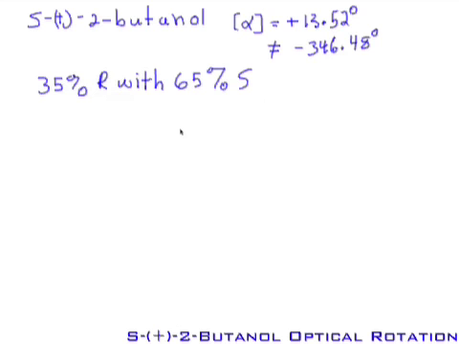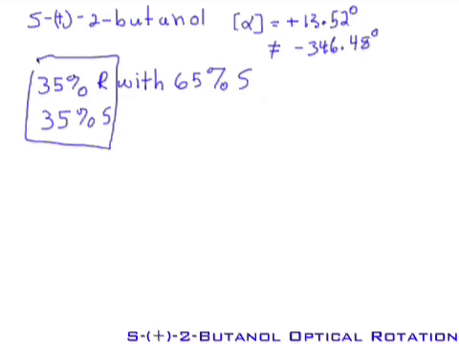If we assume we had this kind of mixture, then 35% R would combine with 35% S to give us a racemic mixture, a racemate.